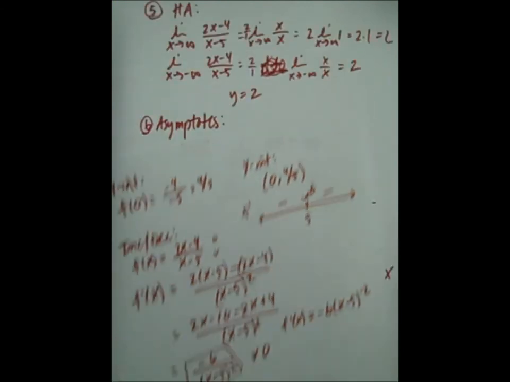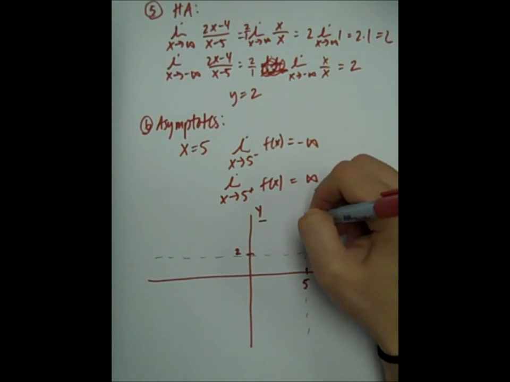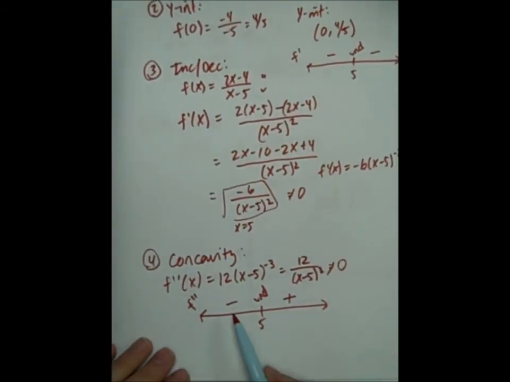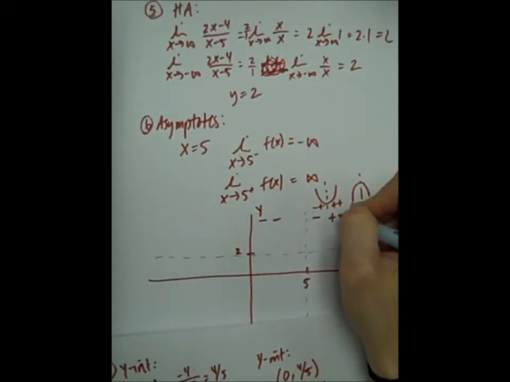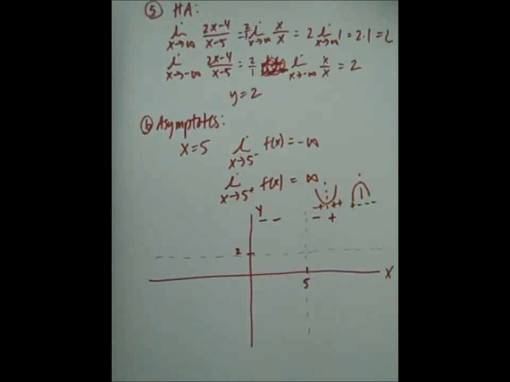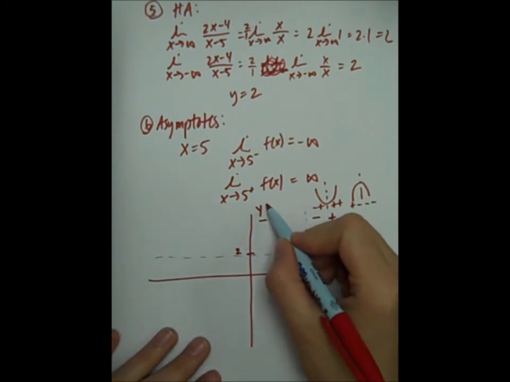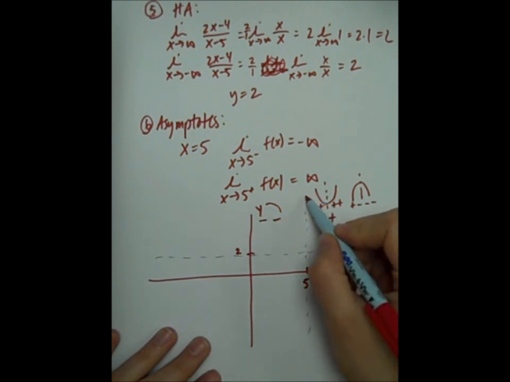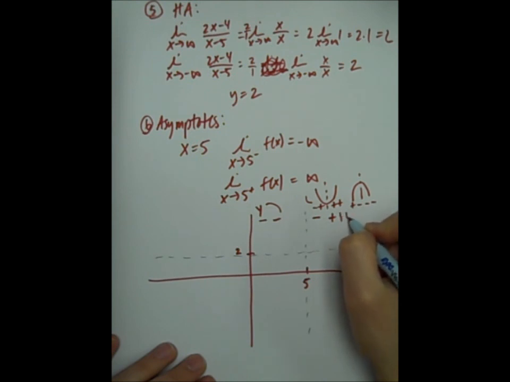It was negative. And to the right of 5, the slope was also negative. To the left of 5, what was the concavity? It was negative, and to the right was positive. So now I have my signs. Negative, negative corresponds to this shape. Negative, positive is this shape. I'll put it right here so we can see it.